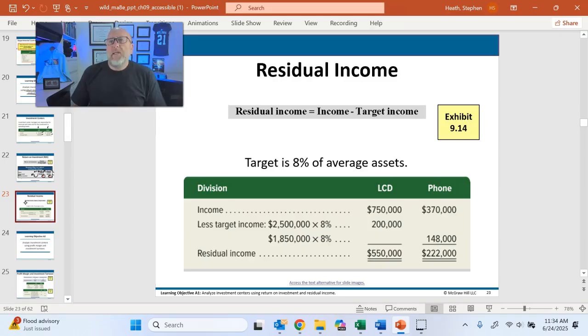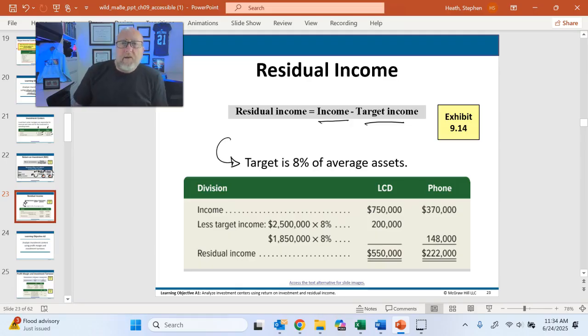Okay, residual income is the measure of additional income that we're earning over and above a normal return. So how do I calculate residual income? I'm going to take the total income and subtract target income. Okay. And for the most part, target income is some percentage of our total assets.